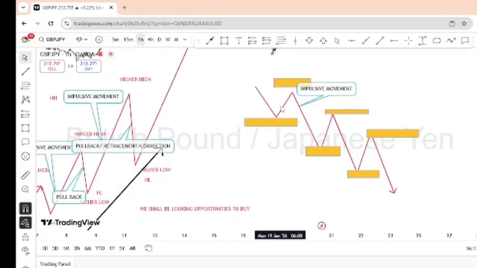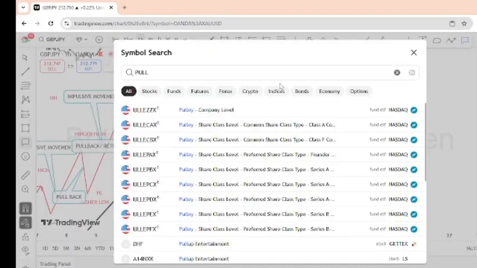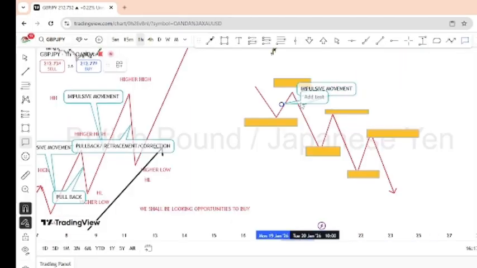Then we have the pullback here. We have the pullback or retracement.